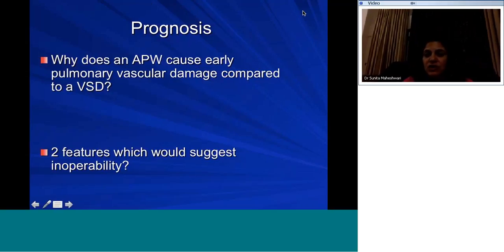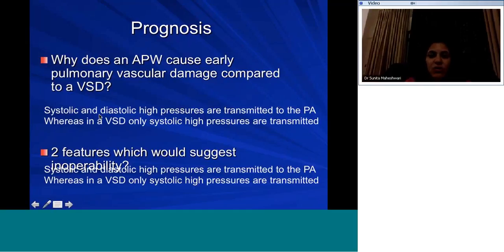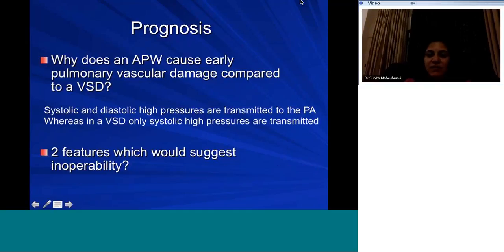So direct pressure transmission in the whole cardiac cycle. In a VSD, you are transmitting high pressure only in systole. In an AP window, you are transmitting pressure in systole as well as in diastole. So that is why with AP window, with large PDAs, with truncus, with all of these, you get early pulmonary vascular damage compared to a VSD.